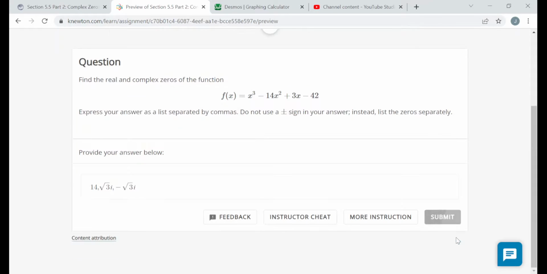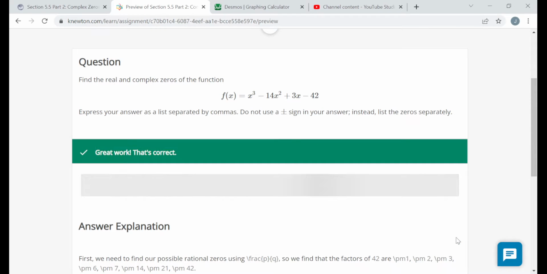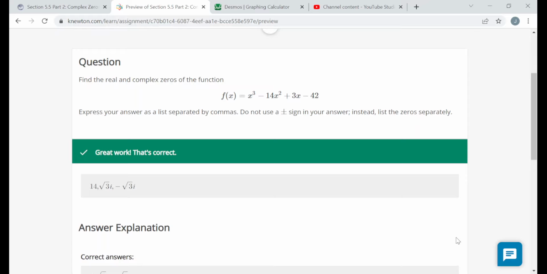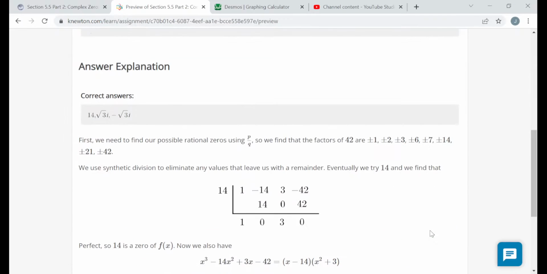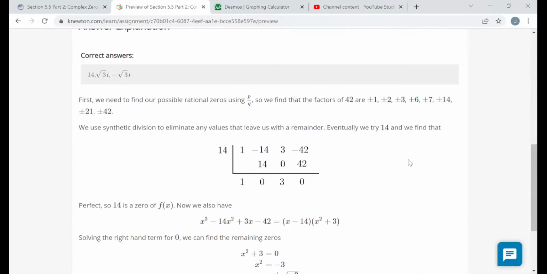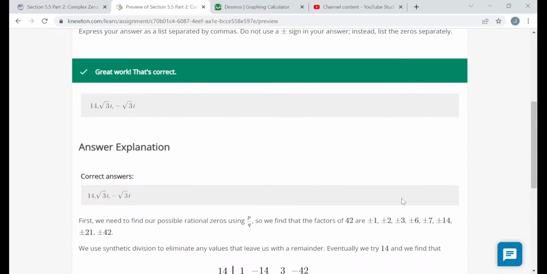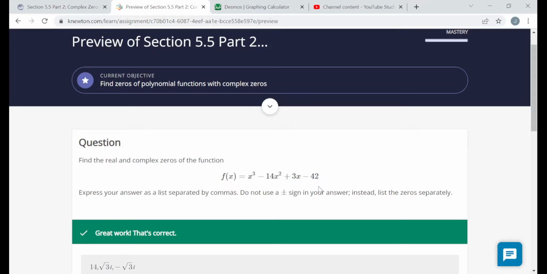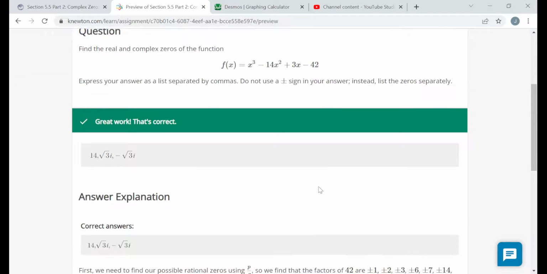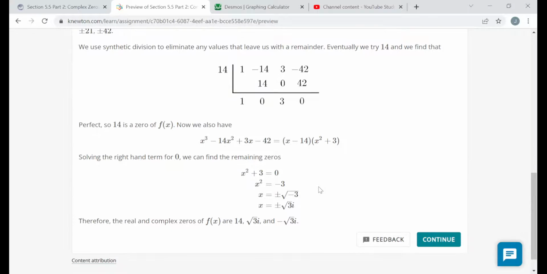That should be good. Wonderful. And again, you can plug them all in for x and make sure you get an output of 0, and you should. See, they did the thing with the list. Again, if you see a way to do it faster like I did, or if you see this is factorable by grouping, just do that. Nothing wrong with that. However you can find the zeros, find them.